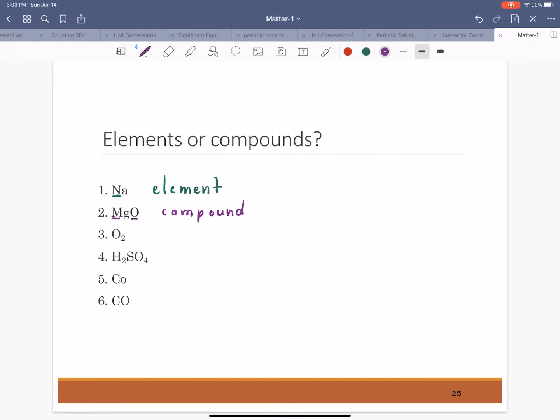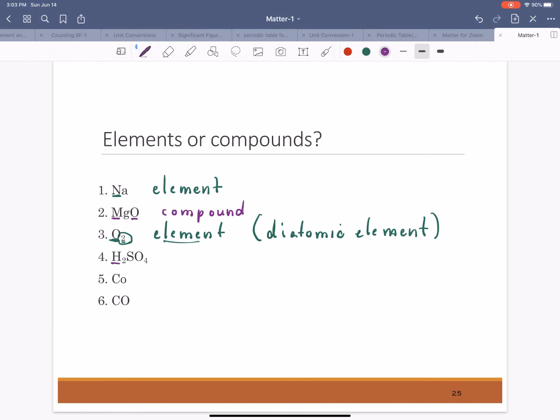O2. There's more than 1 atom, but there's only 1 capital, so this is also an element. And this element is a diatomic element. There are 2 atoms in a molecule. So this 2 makes it a molecule, but only having 1 capital makes it an element.